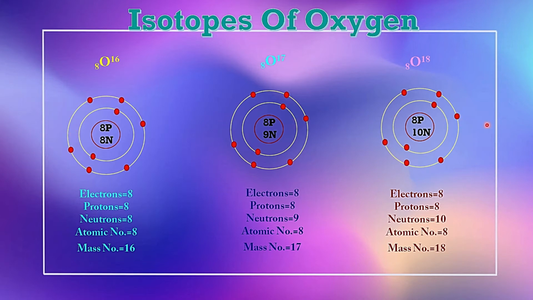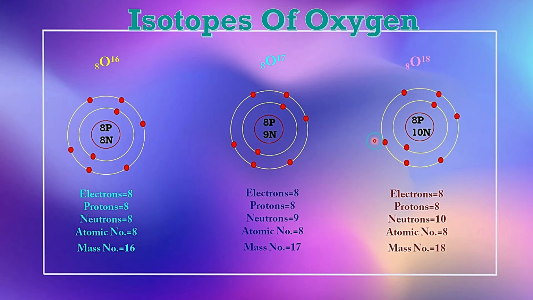You must have seen oxygen atomic mass is written 15.999. So it is actually the average atomic mass of all three isotopes, including their percent abundance, because the percentage of this oxygen isotope is highest in nature as compared to these oxygen isotopes.